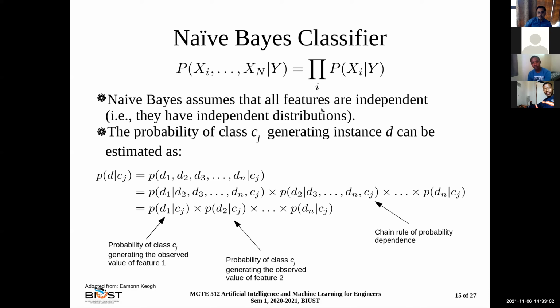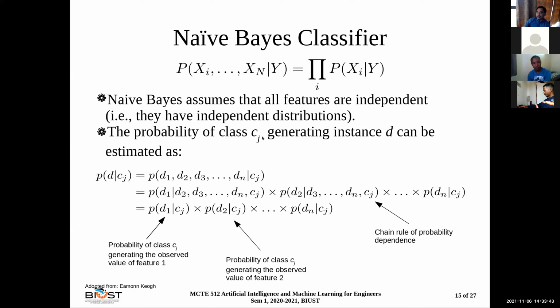It's like a summation, but you multiply. So in this case, you multiply the product of each feature: the eye color given that it is Amanda, the height given Amanda, the hairstyle given Amanda, the sex given Amanda. Then we take the overall probability. The thing that we need to assume here is that each feature is independent of each other. Mathematically, this is very important because we can separate them independently.